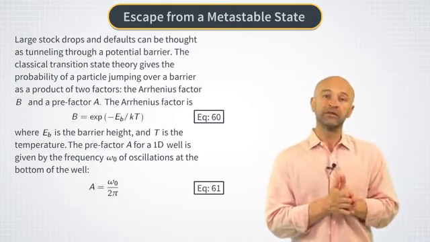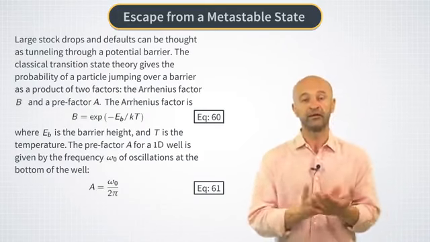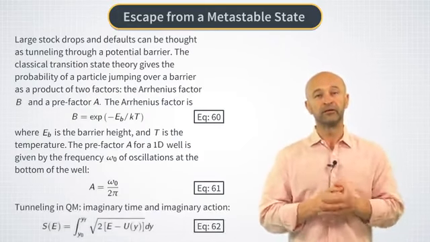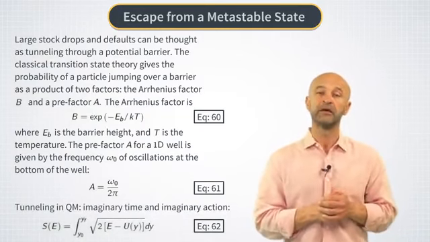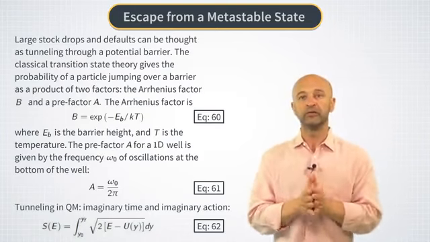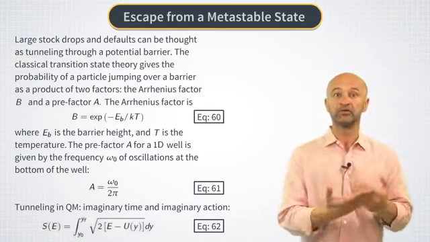It turns out that the same expression can also be obtained from an equivalent quantum mechanical formulation. And in this case, tunneling can also be described by the laws of classical mechanics, but applied in imaginary time. In imaginary time, the kinetic energy becomes negative and the action becomes imaginary.